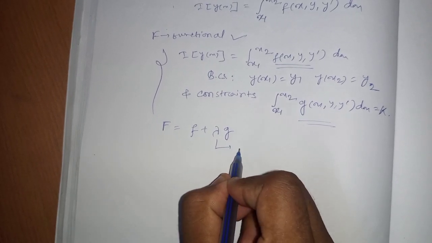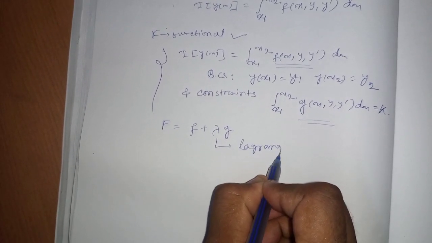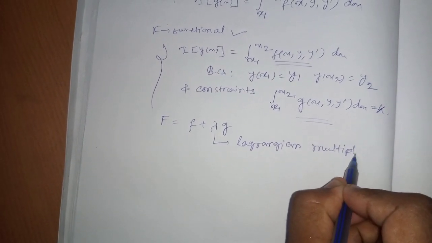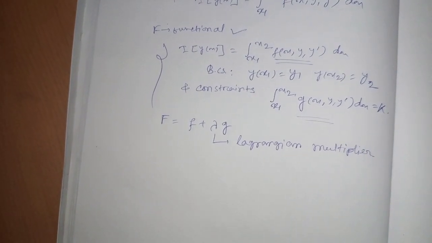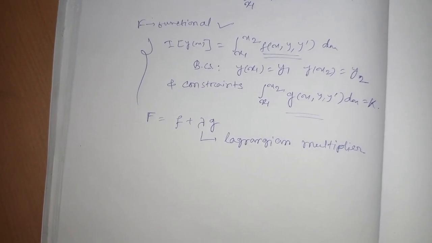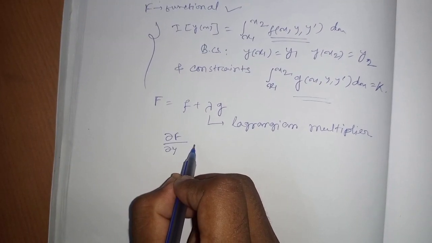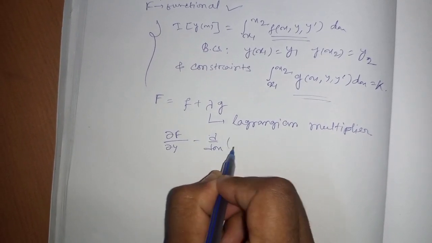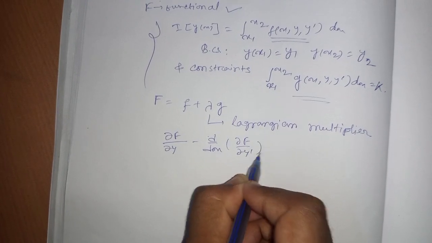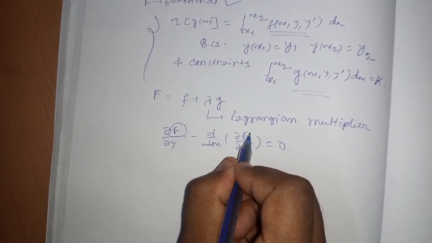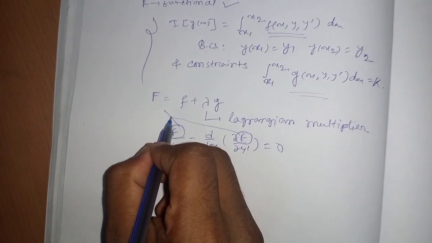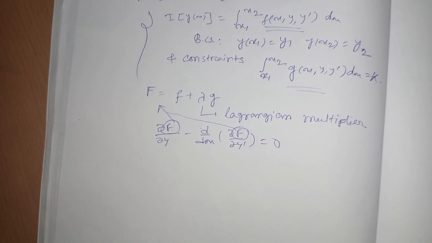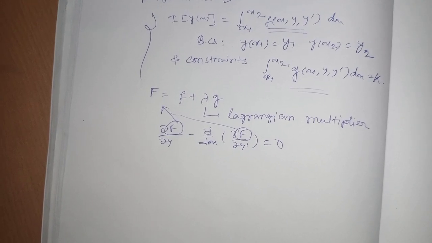Here lambda is the Lagrangian multiplier. Now we have to use the Euler equation del F by del y minus d/dx of del F by del y dash equal to 0. Here this F is our new functional.